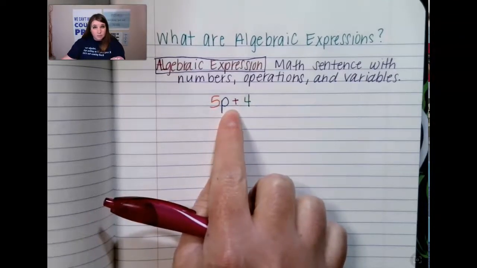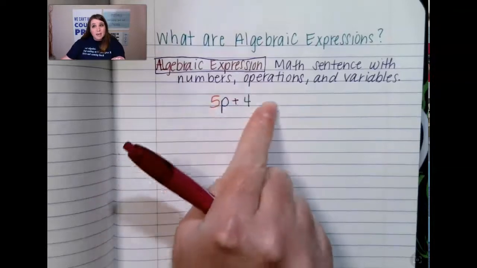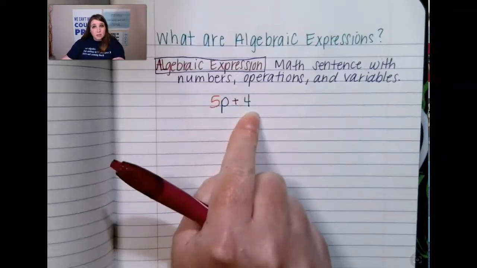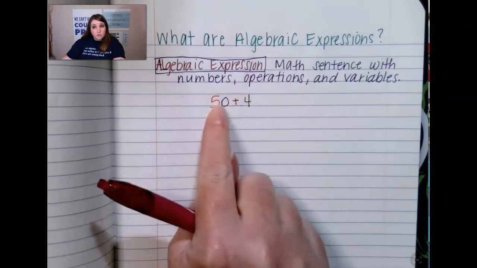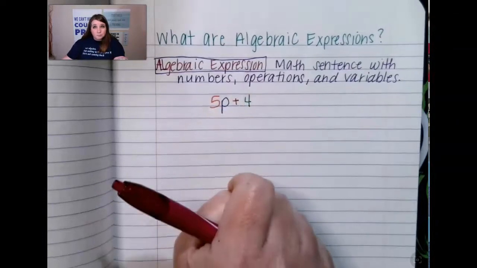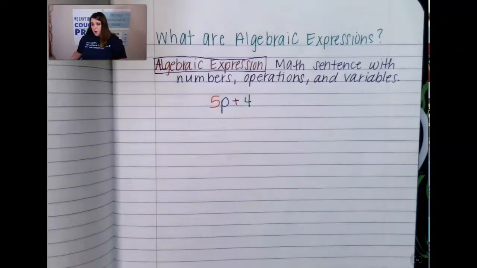I would also need a plus sign. That's how I would make this algebraic expression. The terms, though, are just 5p and 4. So the terms are the different parts that make up the expression.